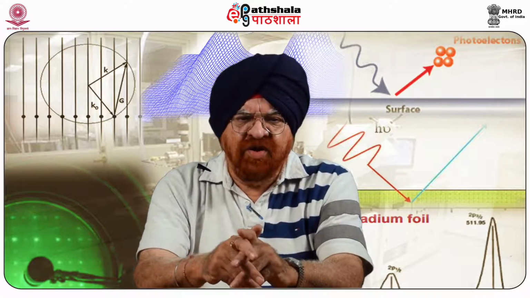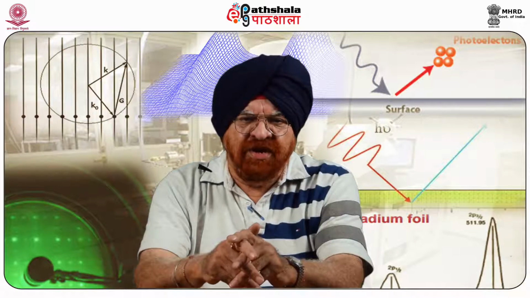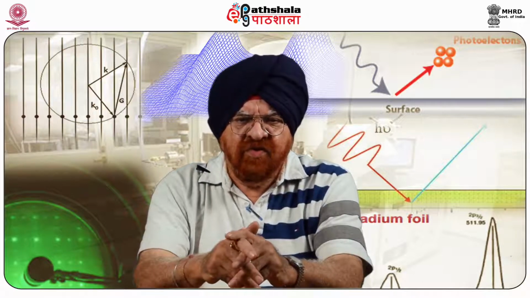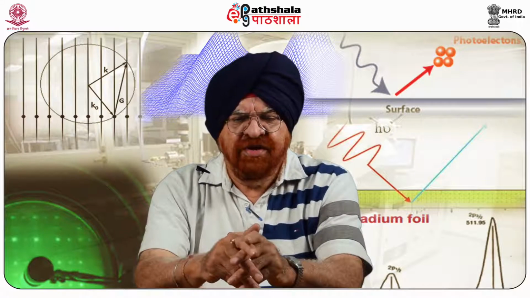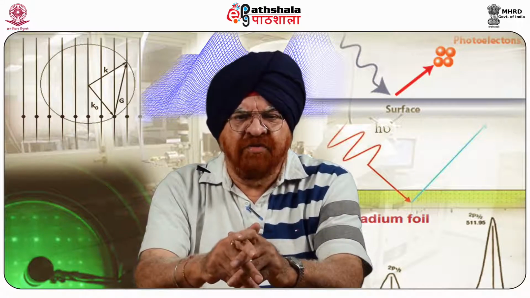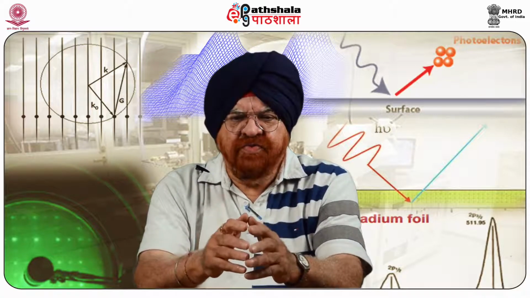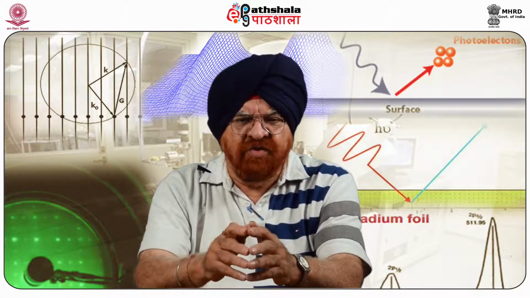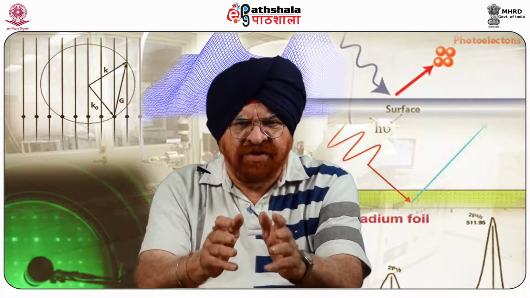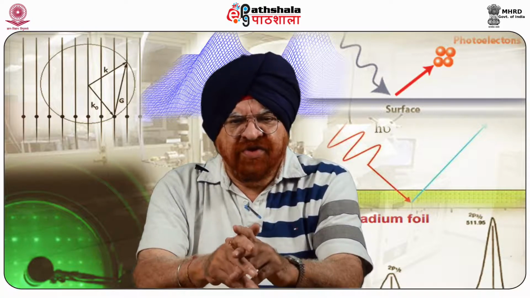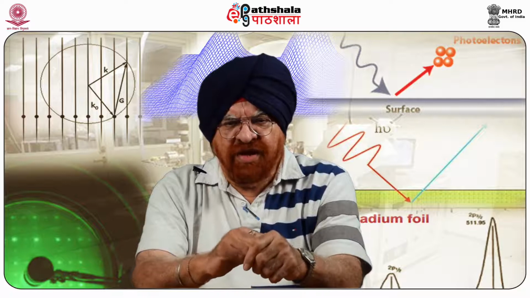XPS spectra are obtained by irradiating a material with a beam of X-rays while simultaneously measuring the kinetic energy and number of electrons that escape from the top 1 to 12 nanometers of the material being analyzed, which is a very small range.